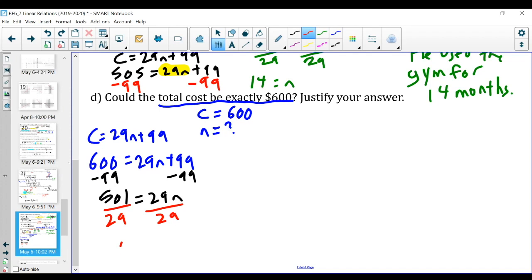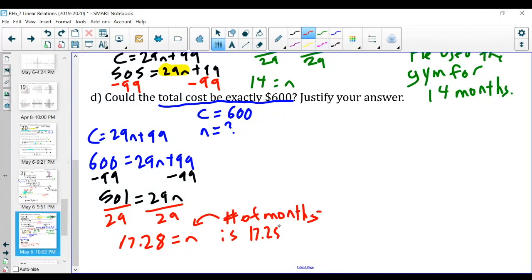So let's just say 17.28 is equal to N. So from here, you want to be able to get a couple pieces of information. The first thing is that the number of months is 17.28 roughly.